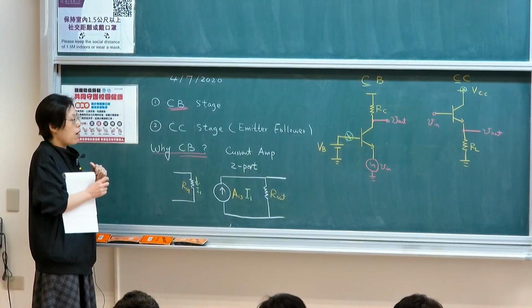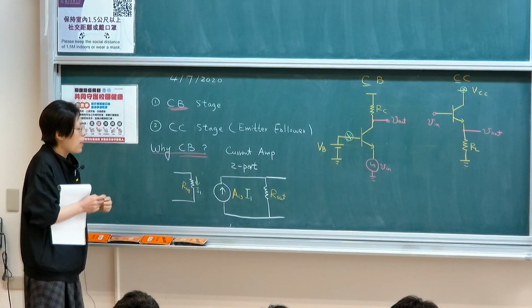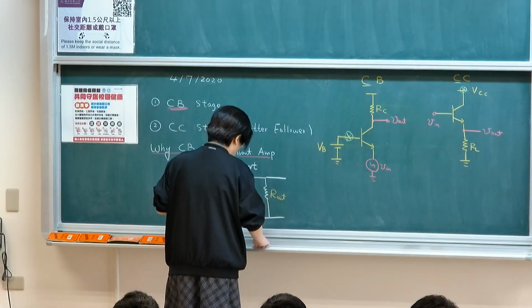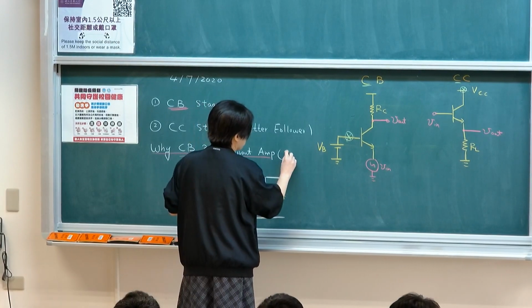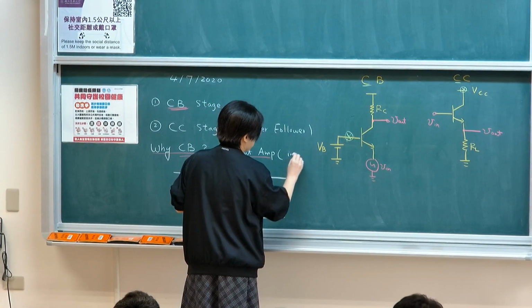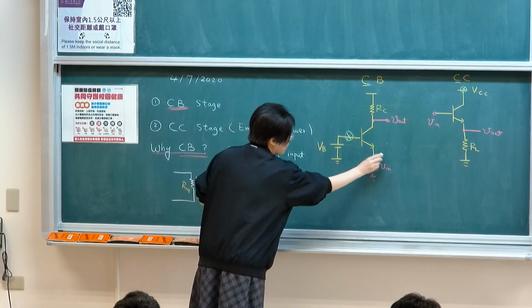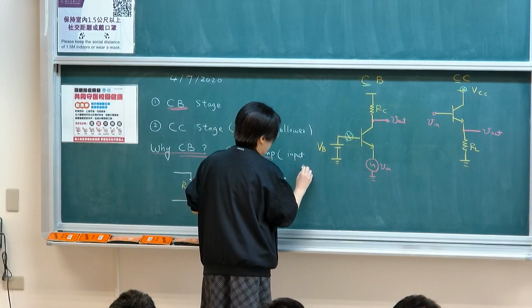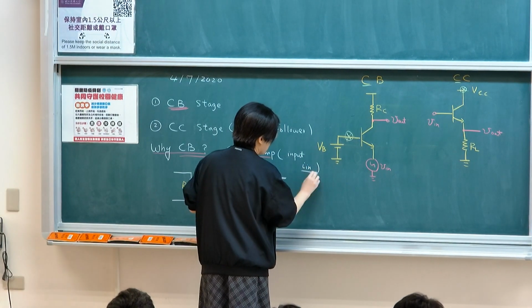One of the key important aspects of the application is that if you're dealing with a current amplifier, what happens if my input signal, instead of a voltage, is an input current?